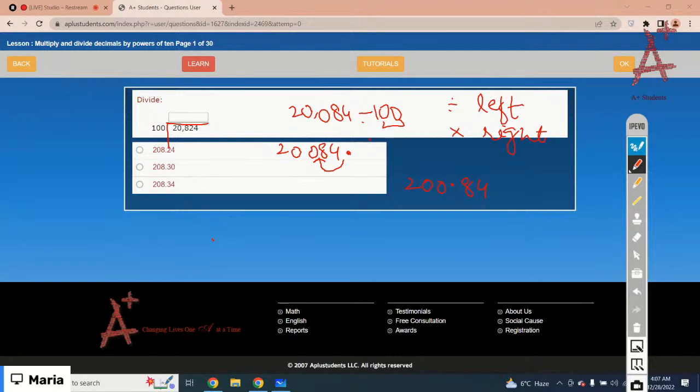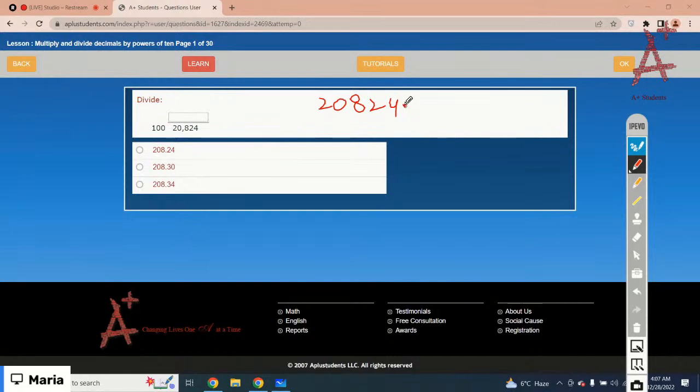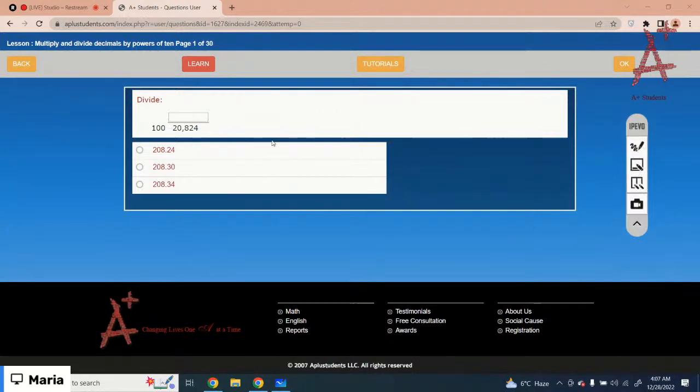That would be option number... sorry, no, I thought it was 20824. What's wrong with my eyes? Wait, it is 20824. You have to move the decimal point two places left. It would be then 208.24. Got it? The first option is the correct one. Just select the correct option and click on the OK button.